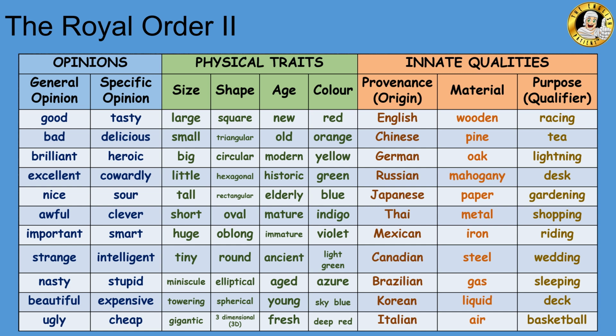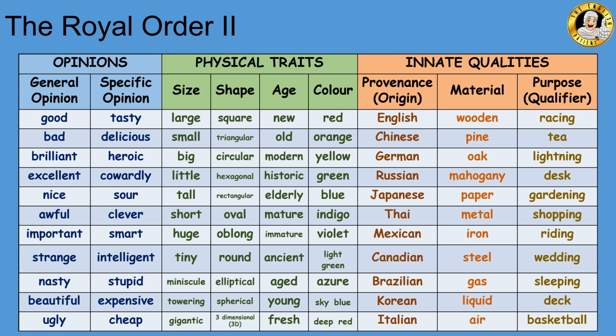It's not a desk, it's a chair, but it's a chair for a desk. Gardening tool, shopping bag, riding crop, wedding ring, sleeping bag, deck chair, basketball court. So these are just some examples of how the purpose can be qualified with these gerunds or just simply with compound nouns.